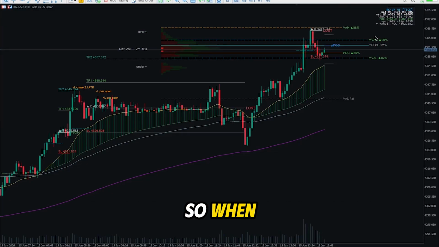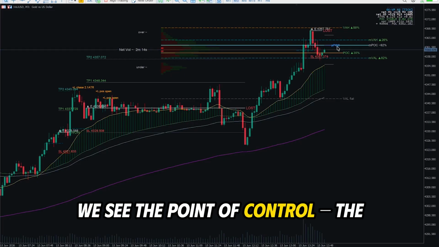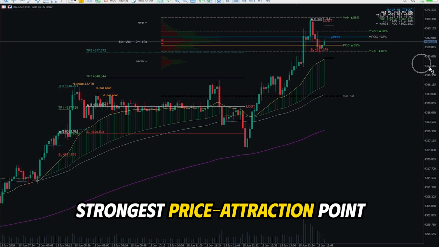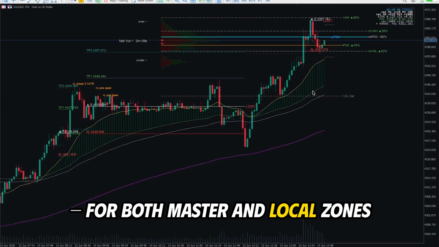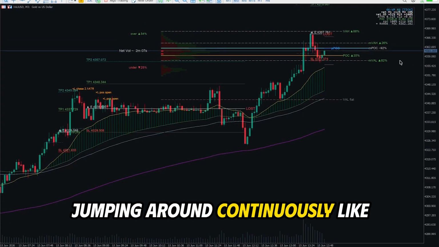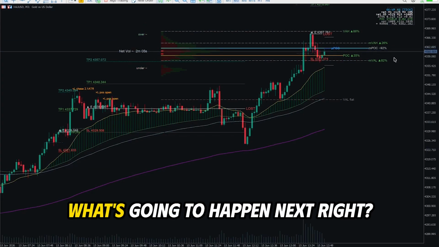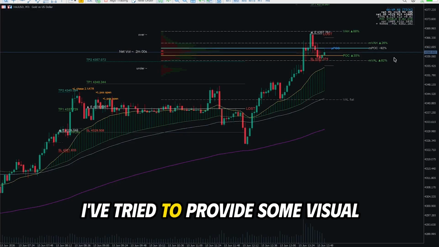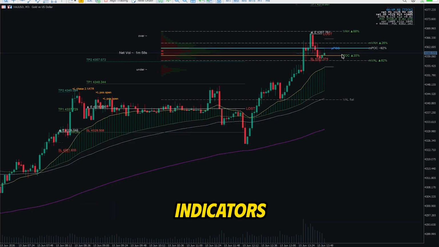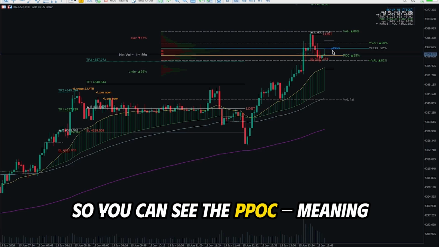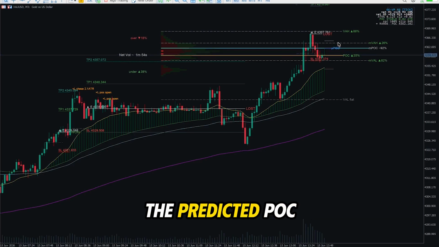So when we see the point of control, the strongest price attraction point for both master and local, jumping around continuously like that, we watch what's going to happen next, right? And clearly, I've tried to provide some visuals so you can see the PPOC, meaning the predicted POC.